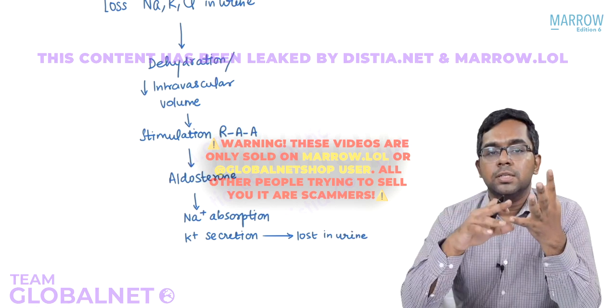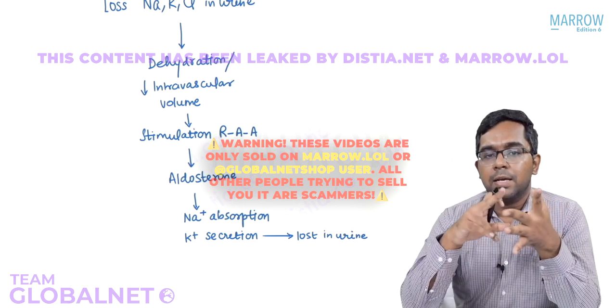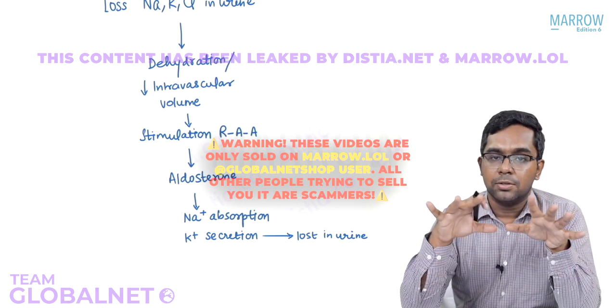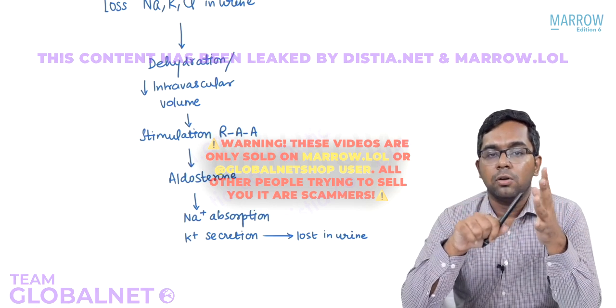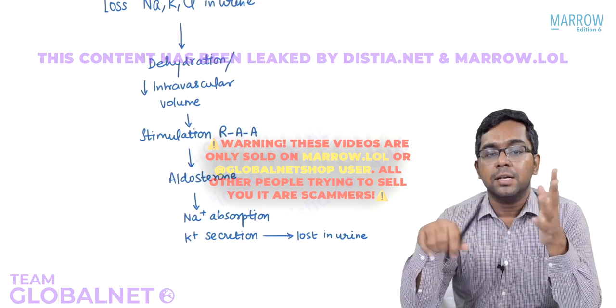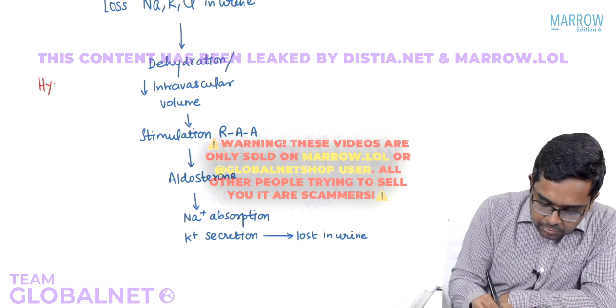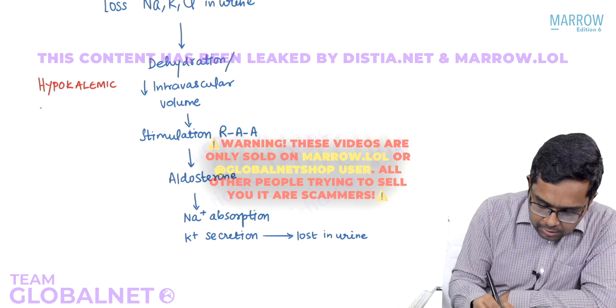Are you able to follow? So there is loss of sodium, potassium and chloride in the urine. This sodium loss would be compensated to an extent by the aldosterone, but potassium and chloride will be continuously lost in the urine, resulting in hypokalemic, hypochloremic metabolic alkalosis. Is it clear?